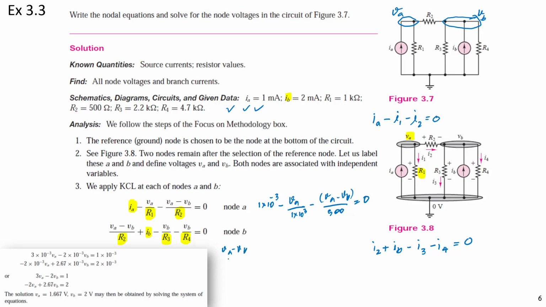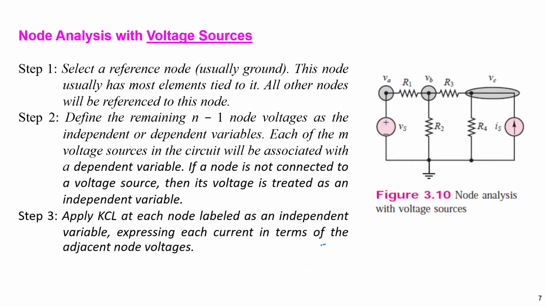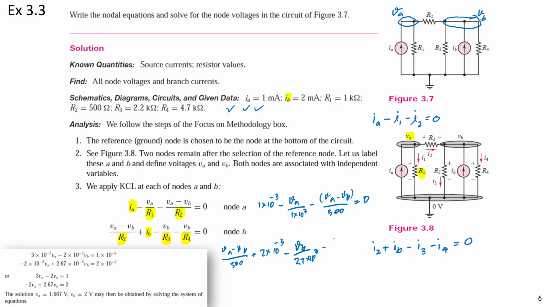VA minus VB divided by 500 plus 2 multiplied minus 3, minus VB divided by 2.2K, minus VB divided by 4.7K equal to 0, like this.